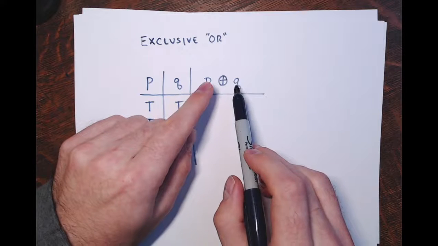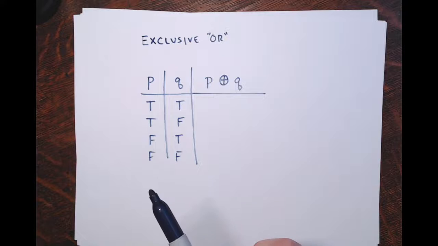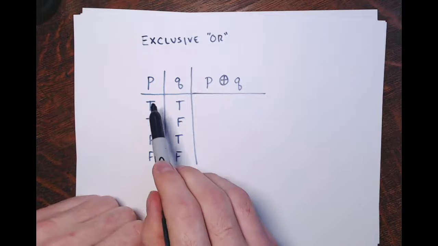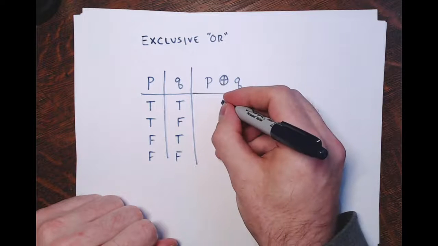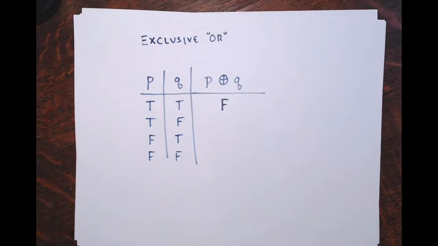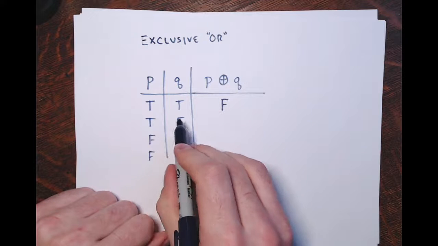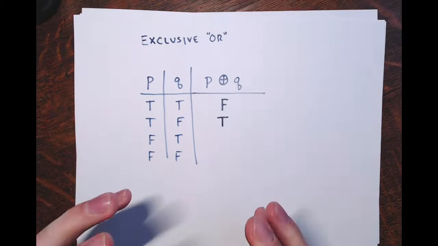Again, this is only going to be a true statement if P is true or Q is true, but not both. It's not considered a true statement when they're both true. So in this first scenario, when they're both true, this exclusive OR statement is false. Then here P is true, but Q is not, so the exclusive OR will be a true statement.